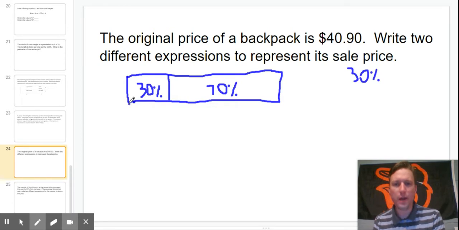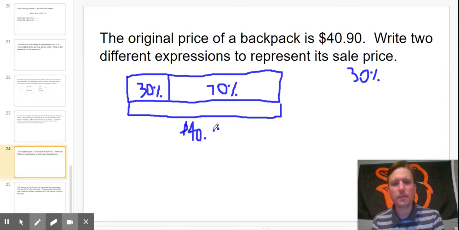The whole thing was originally $40.90. So all of it, 100% of it, was $40.90. So the question is, what is the sales price? If we're taking this percent off, 30% off, what would the 70% be? Now, one way that you can do this quite easily would be to turn 70% into a decimal.